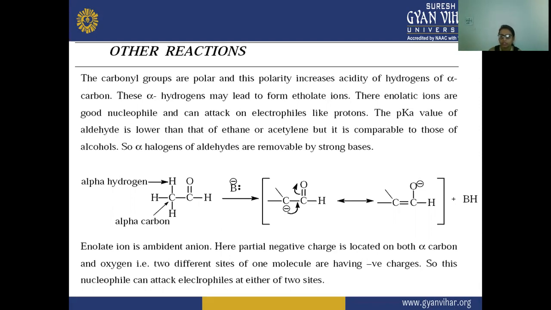In these other reactions the carbonyl group is involved, because the carbonyl group is a part of your aldehyde. As we know, the carbonyl group is very polar, and this polarity increases the acidity of the hydrogen present on the alpha carbon.